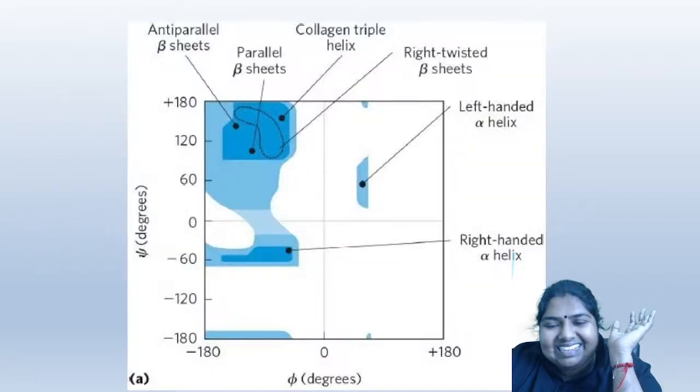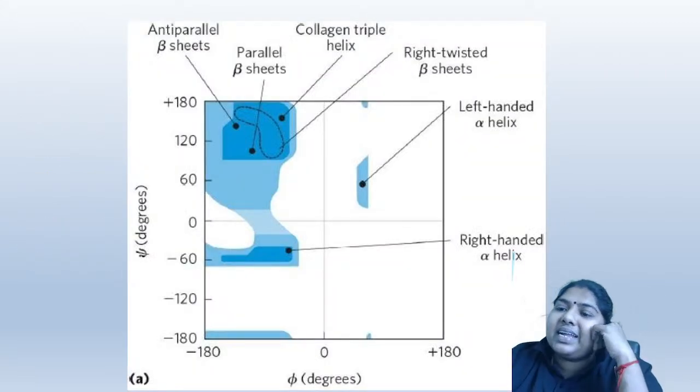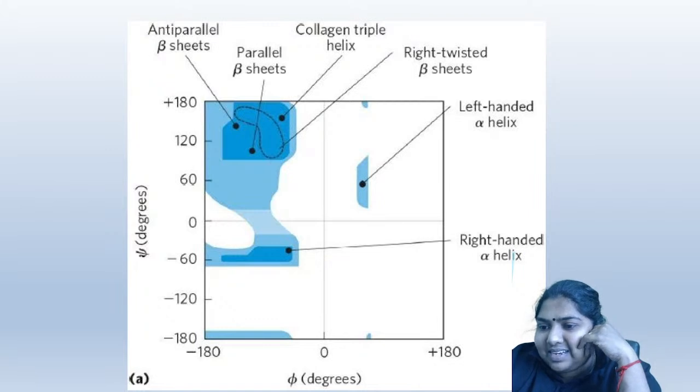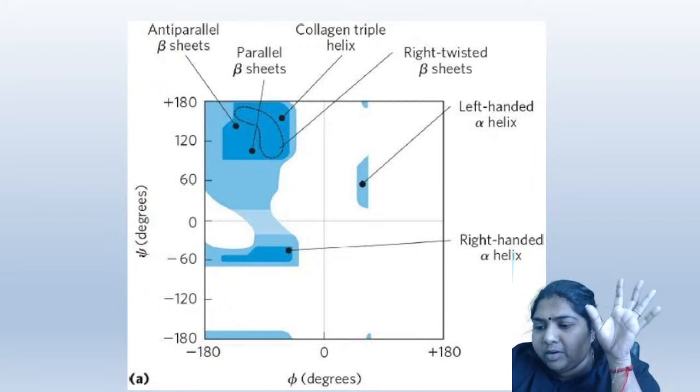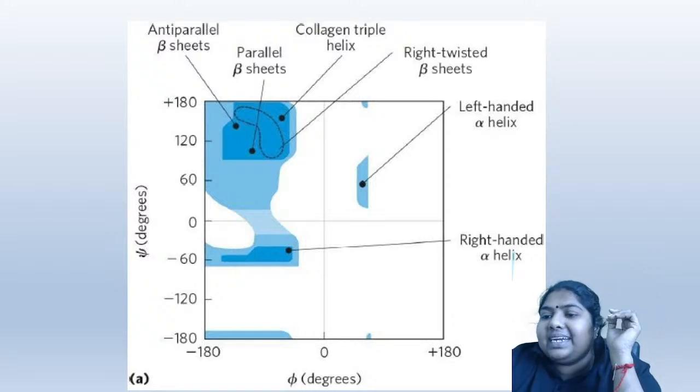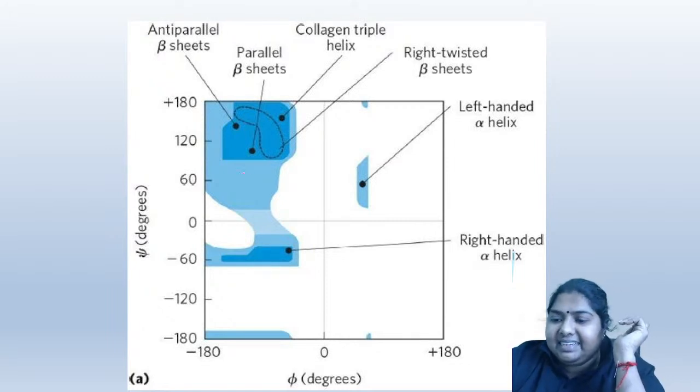Got it? Yes? Okay. Now comes the next important diagram of the Ramachandran plot. If you are able to remember that chart and this diagram, you are absolutely done with the Ramachandran plot. Agreed everybody? Yes? Understood? Fantastic. Come on.